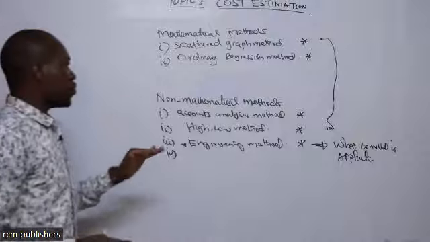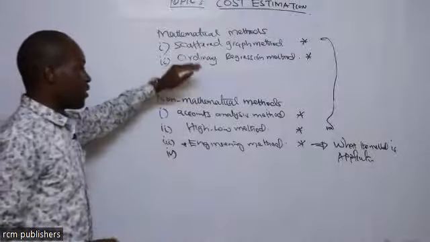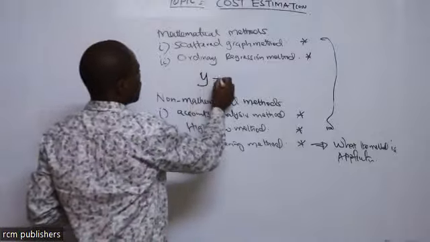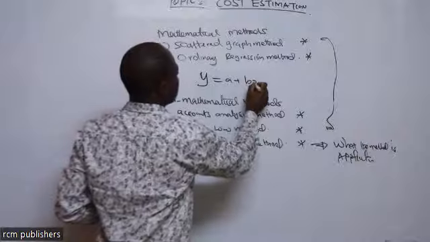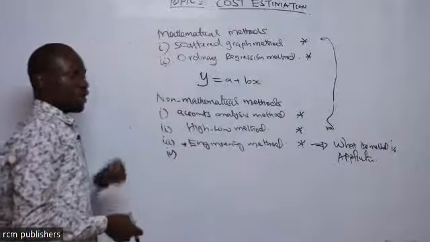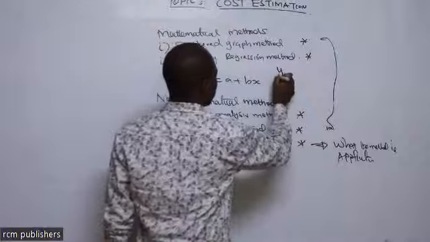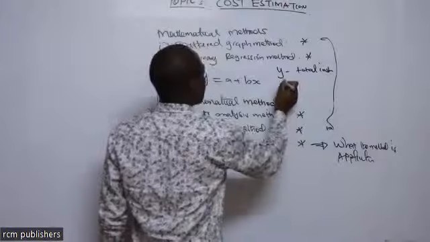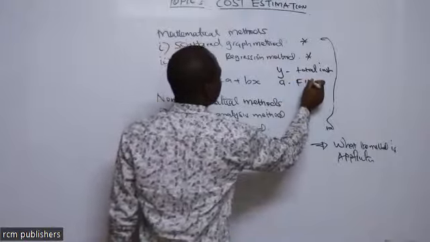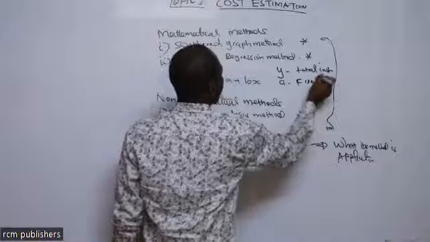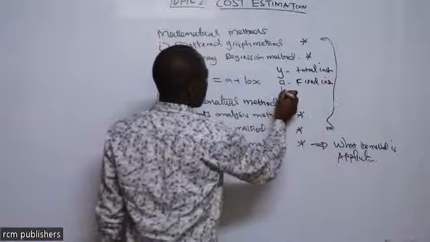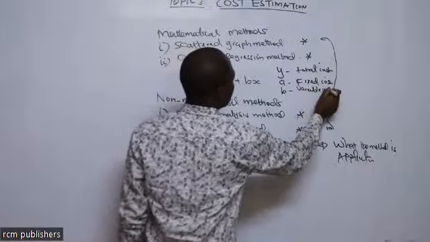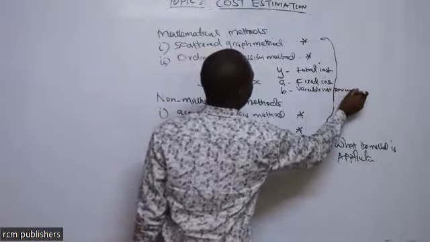Once you know that, because all of these other methods must take you to y is equal to a plus bx, which the other day we said that y is the total cost, a is the fixed cost, and b is the variable cost per unit.